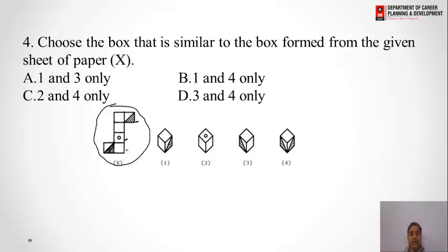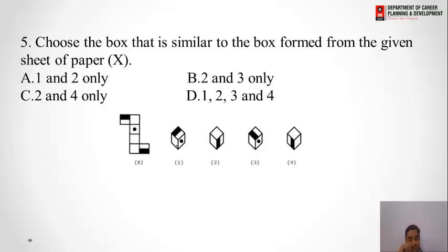So two shaded parts cannot be with each other. So option number B, 4, cannot be one of the answers. So 4 we have in option number D, option number B, option number C. So A is the right answer for this question number 4.